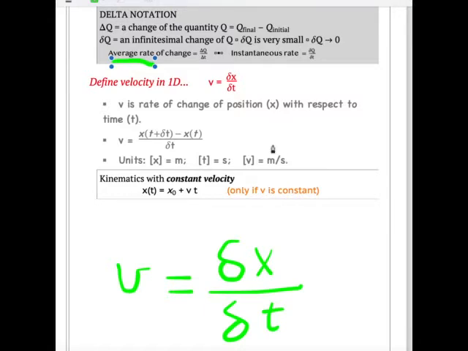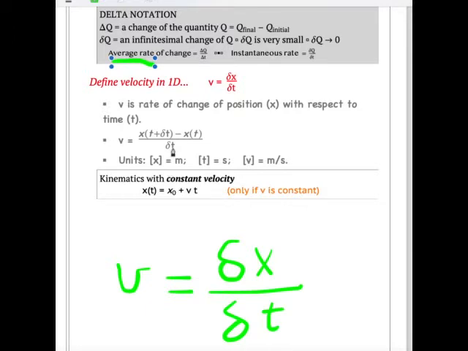So you'll have to be able to convert from miles per hour to meters per second. You'll have to know how many meters is 1 mile and how many seconds is 1 hour. And you'll have to convert from miles to meters and hours to seconds.